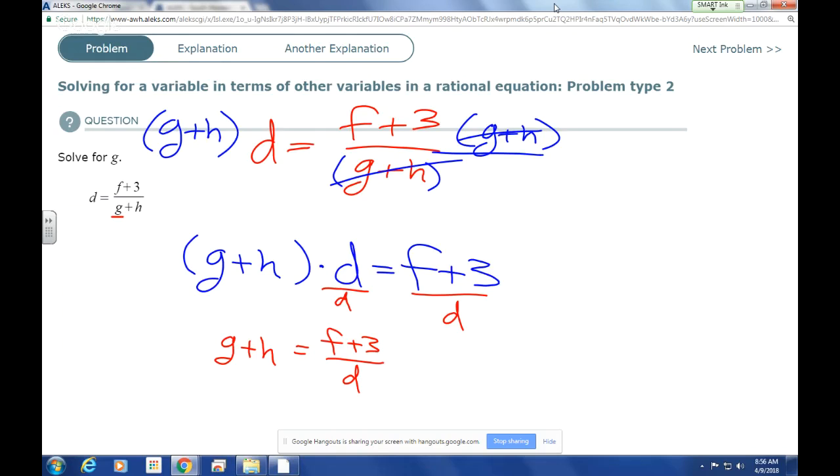Okay. The only reason I had to have them here is because of that D. And we're solving for G, so what do I have to do now? Subtract H. And these might look really ugly when we're done, but that's okay. So our final answer is G equals F plus 3 over D minus H.